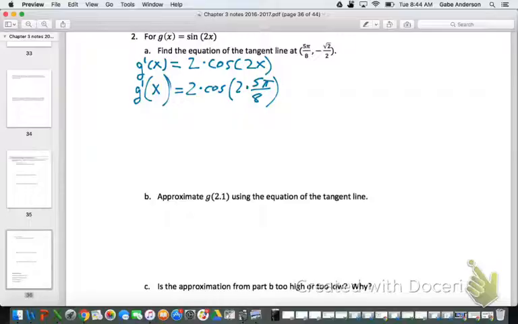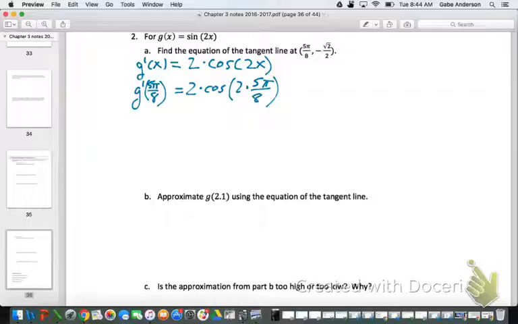It's not even close. Technically you are in the wrong category. I will often be kind and not take any points off for that. But I just want you to know that it really should be g prime of 5 pi over 8, because g prime of x is the equation we wrote above. Plugging in 5 pi over 8 means we're finding a specific value. It's not g prime of x anymore, it's g prime of 5 pi over 8.